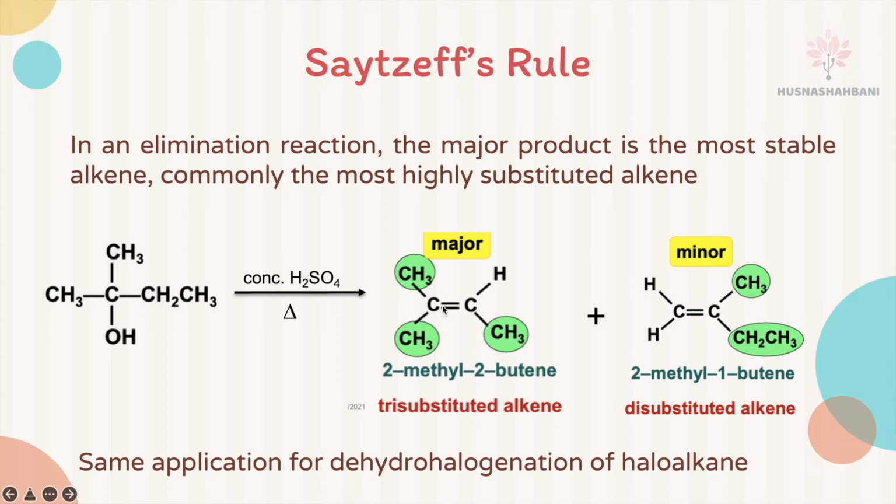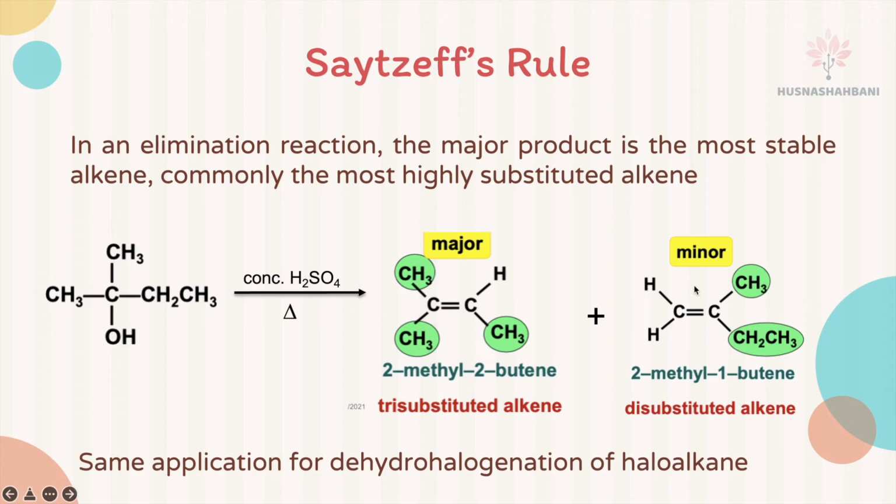The product has a carbon-carbon double bond that is a tri-substituted alkene. One, two, three alkyl groups. So this is the major product because it has the most alkyl groups.